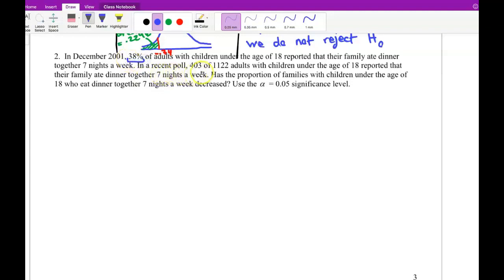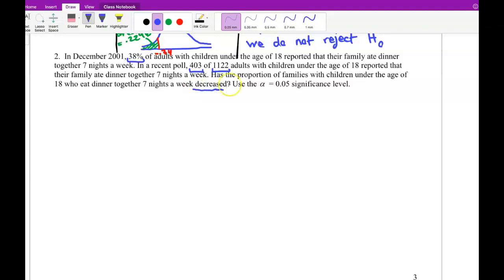In a recent poll, 403 of 1,122 adults with children under the age of 18 reported that the family ate dinner together 7 nights a week. So we have these two numbers. As a proportion of families with children under the age of 18 who eat dinner together 7 nights a week, it decreased.